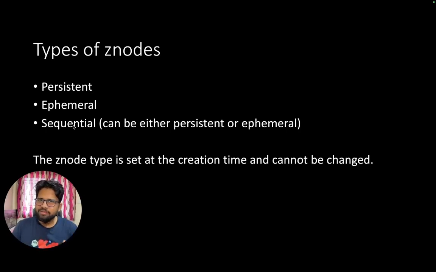So you can have basically 4 types of znodes, and these categories or properties of the znode can only be decided at the time of creation of the znode, and then they cannot be changed. So we'll try to understand each one of those one by one, and we'll also run the commands on the Zookeeper command line interface to see how it looks.